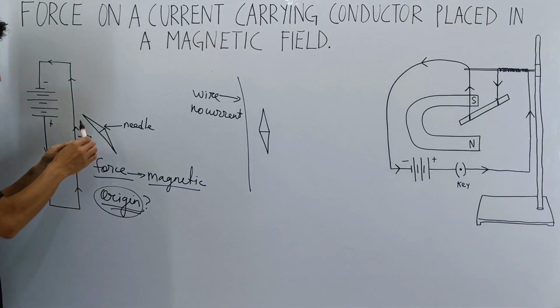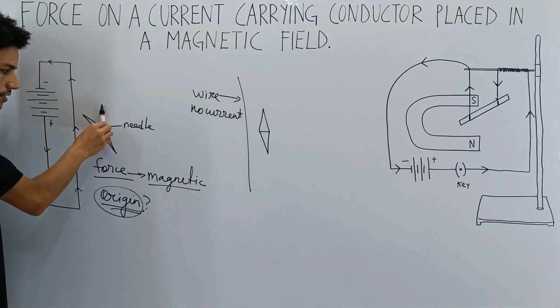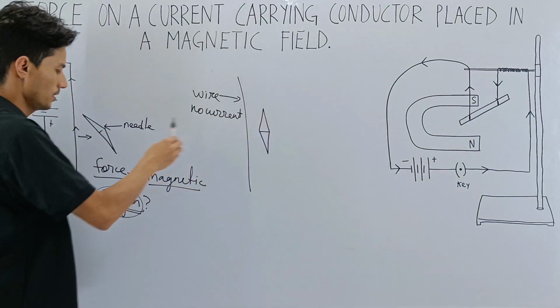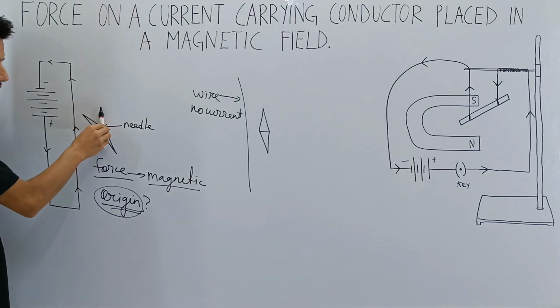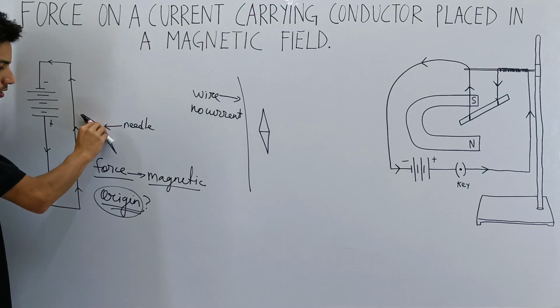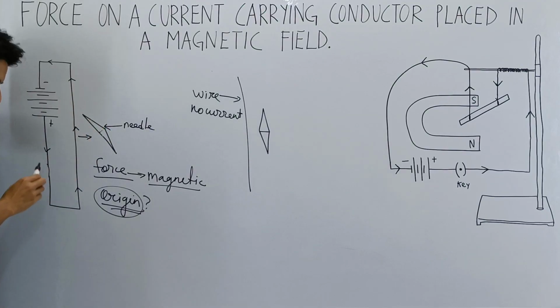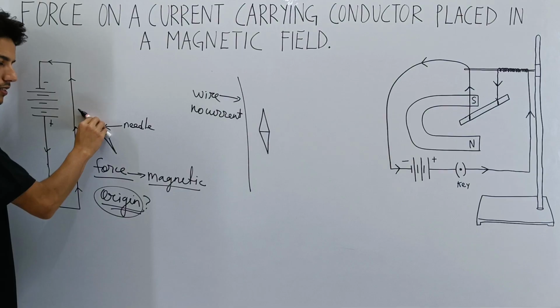The needle, which was like this, started deflecting, and it remained in this position as long as the current was passing. When current flow was switched off, it went back like this. Again, when the path of current was restored, again it went like this.